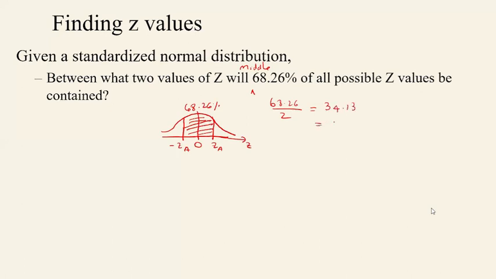So when we divide this one, 34.13, that is 0.3413. So that means for this area, the probability of 0 less than Z less than ZA is equal to 0.3413. Now we have to get the table, because now we know this area is 0.3413. So based on the table, we can get the ZA value.